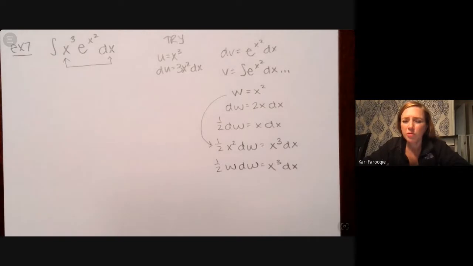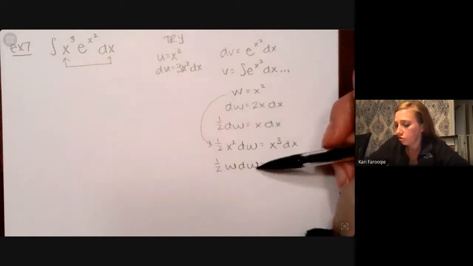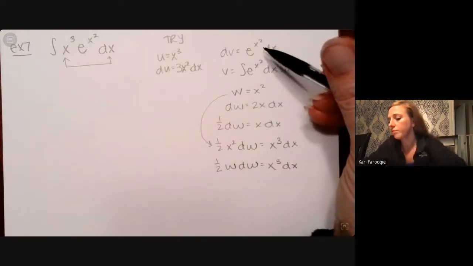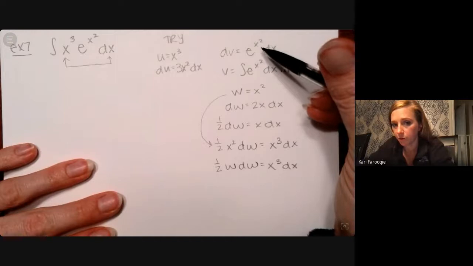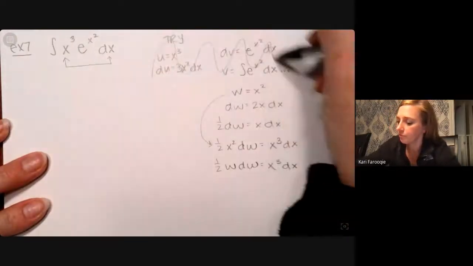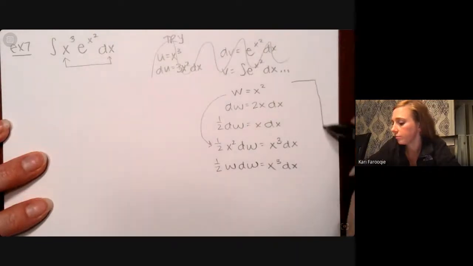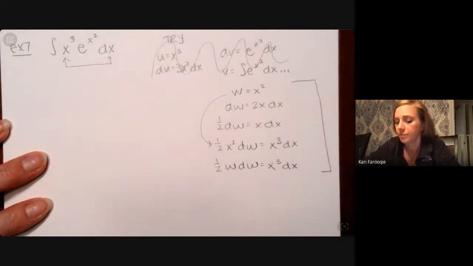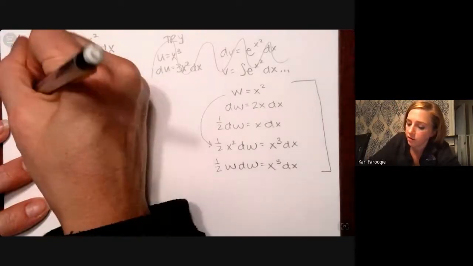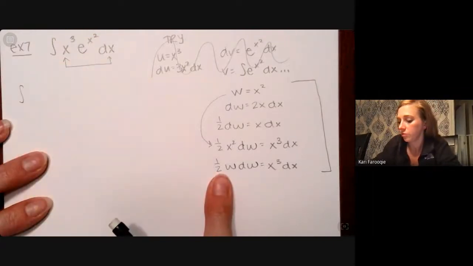And you might be wondering, what the heck does this have to do with integration by parts? Well, we've used this substitution to rewrite the integral, and then we're going to pull the parts back in. So chuck that, keep this. Okay, so when we rewrite this, we have an x cubed dx equal to 1/2 w dw.